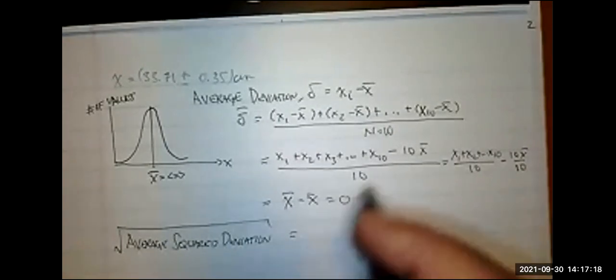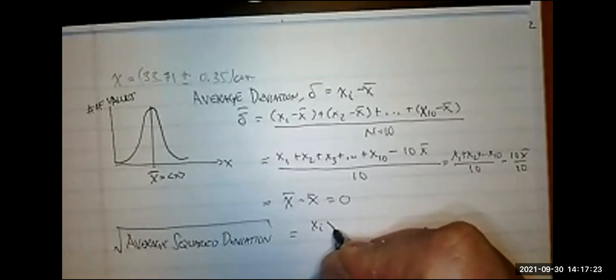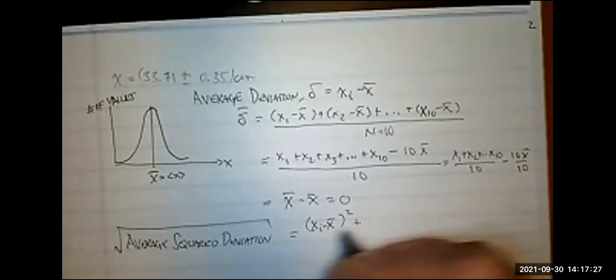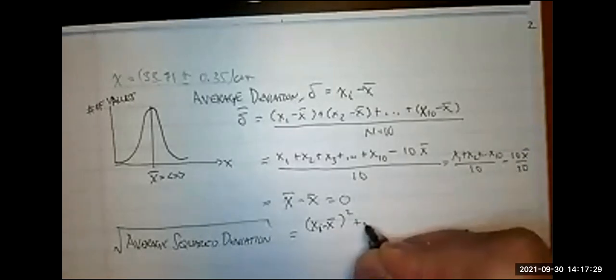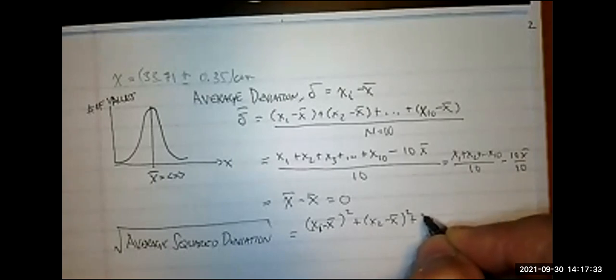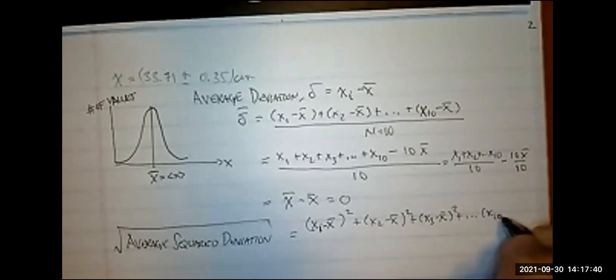So what I'm going to do is I'm going to say xi minus x bar squared. All right, let's say x1 minus x bar squared plus x2 minus x bar squared plus x3 minus x bar squared plus dot, dot, dot on up to x10 minus x bar squared.